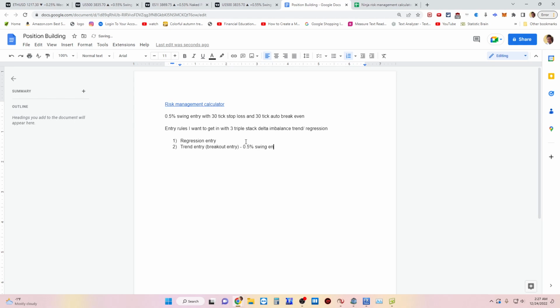A swing entry with the same setups, with a 30 tick stop loss and a 30 tick auto break even. So that way, if there was a breakout and it came back to retest, you would be fine.